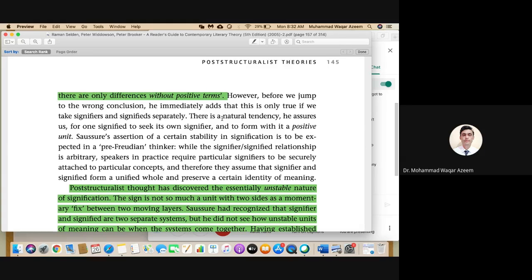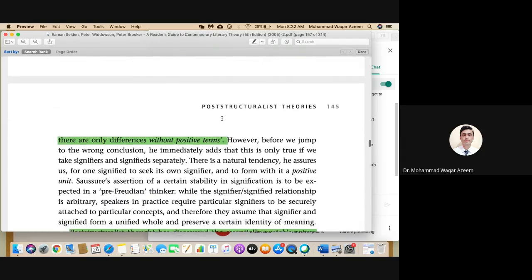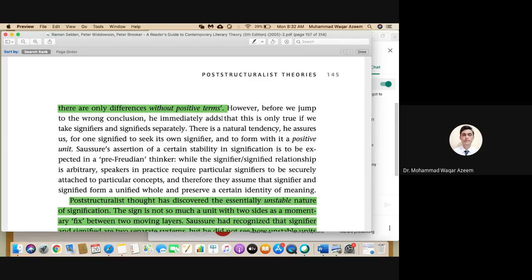Now, what does this remark mean? It means that we understand different signs in a language because of their difference from other signs, and not because any sign is a positive term. What do we mean by a positive term?